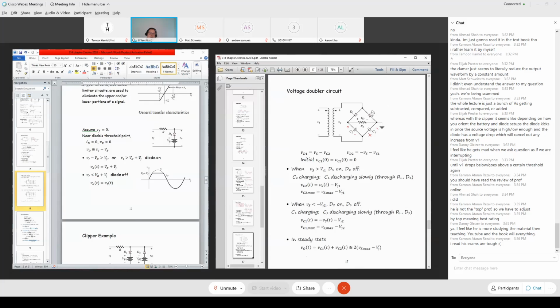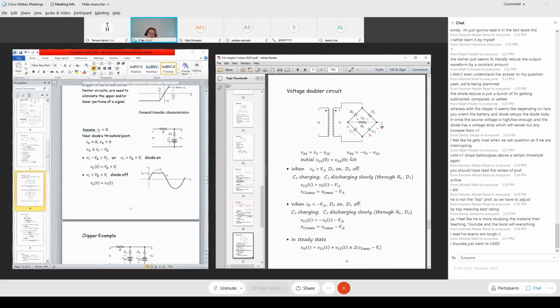What's this voltage drop? This voltage drop is equal to this voltage difference minus this voltage. Or from this reference point, you have minus VS, and minus VS minus VC1 gives you VD2. So VD2 equals minus VS minus VC1. Okay. Initial condition, 2 capacitors are discharged.